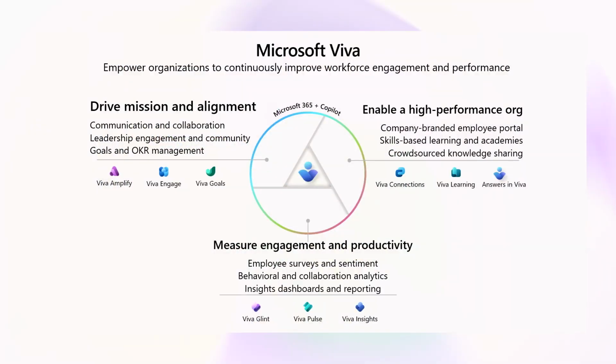This is really about how do we get our messages out there, how do we reach our workforce and ensure that we're able to get engagement from our employees and that they have the timely communications that they need and that they have access to all of the great company resources as well. Now, Viva's made up of these different solutions, but as I mentioned, we're going to really focus on making sure that we get the mission and alignment piece and driving the engagement from there too.